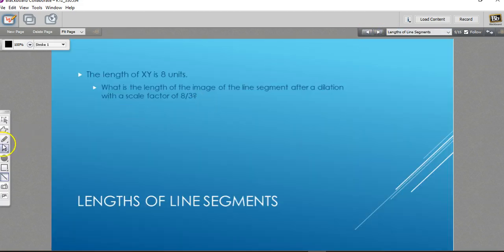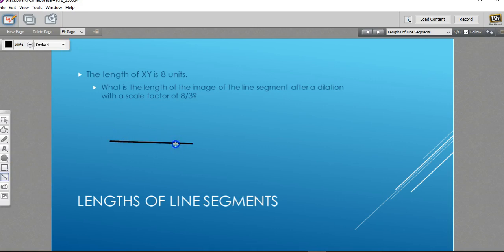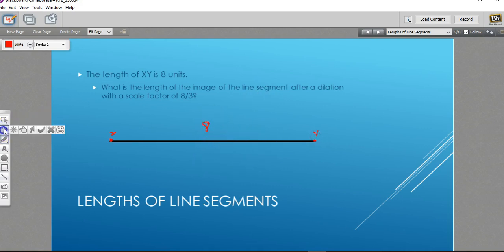The next question says the length of XY is 8 units. They're just giving you a line segment like so, and they're telling you it's 8 units. Let's read the directions completely: what is the length of the image of the line segment after a dilation with a scale factor of 8/3?